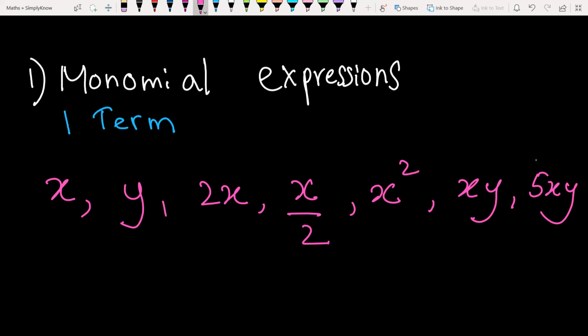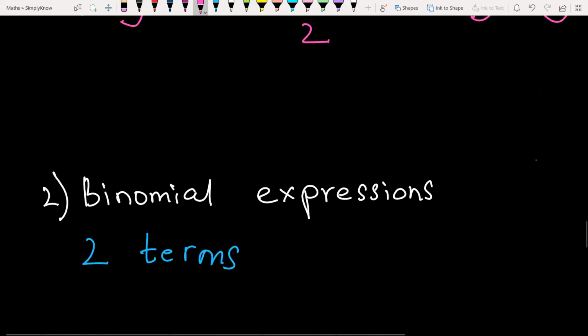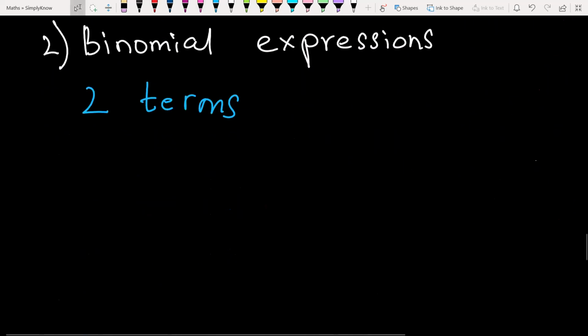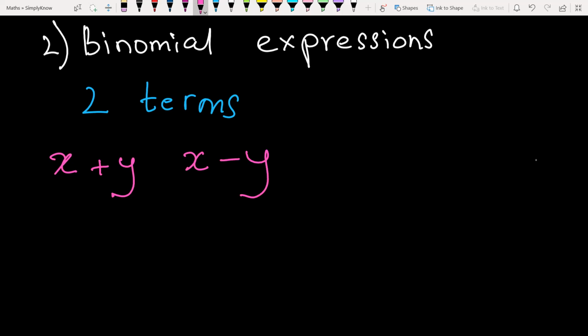Then what about binomial expressions? Yes, we know now binomial expressions have 2 terms. These 2 terms can be 2 algebraic terms. For example, x plus y, or it can be x minus y.